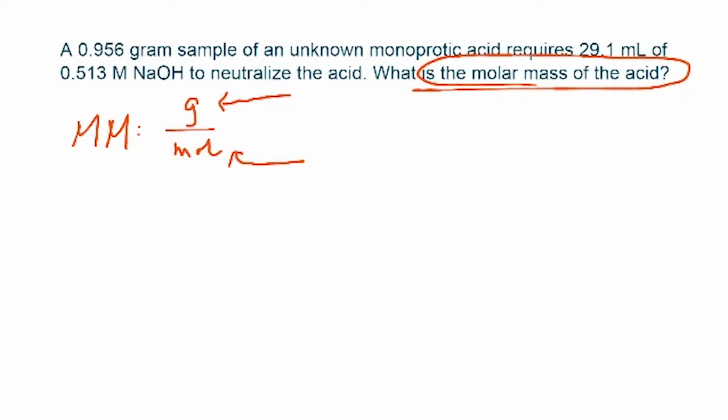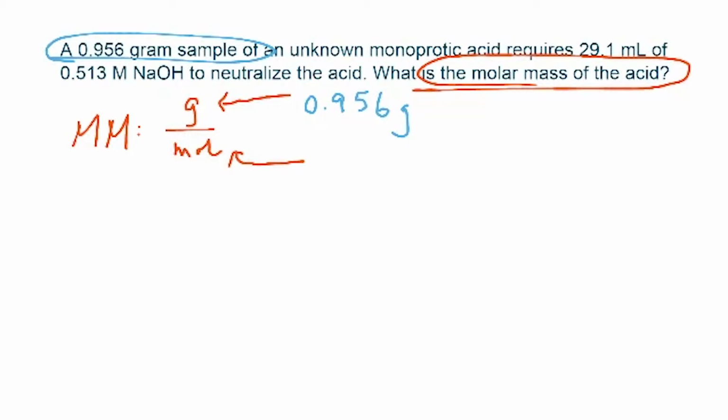So I look up at the problem and I see that they gave me the mass of the acid, a 0.956 gram sample. So I don't have to do anything with the numerator, it's given to me in the problem. How am I going to get the number of moles of the acid?